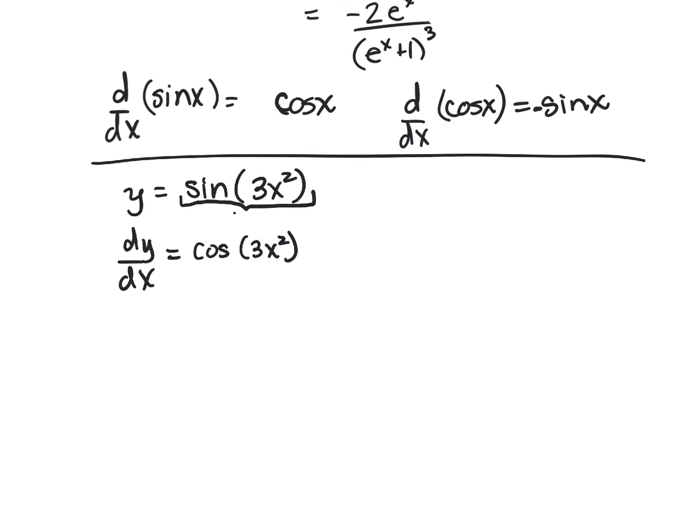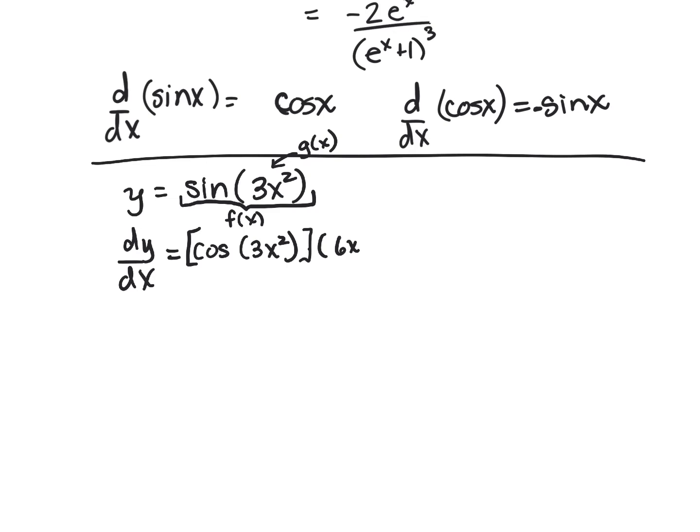but this is our f of x, and then this is our g of x. So now we have to take the derivative of what's inside. What's inside is our g of x. So 3x squared, what is the derivative of 3x squared? 6x.